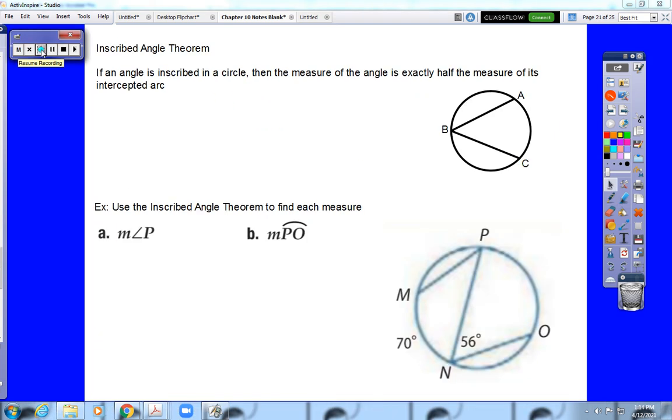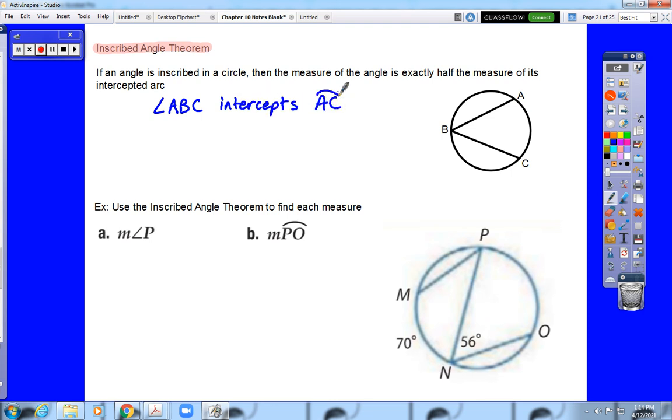Okay, so the big thing in this lesson is that inscribed angles have a specific property when they're related to the arc that they intercept. It's called the inscribed angle theorem. So, in this picture here, angle ABC is an inscribed angle, yes? And angle ABC intercepts arc AC.